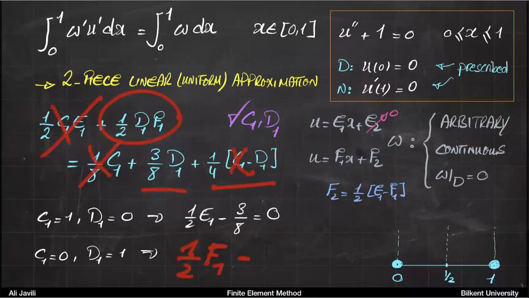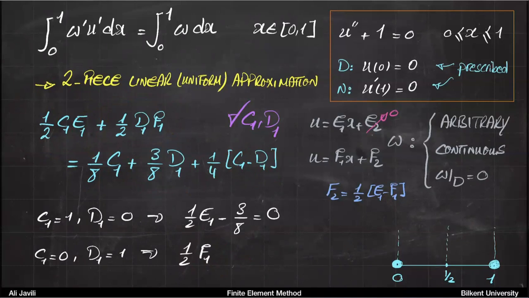So that would be plus 1/8 on the right hand side. So on the left hand side, if you write it, it would look like this. So the second equation would be 1/2 F1 minus 1/8 is 0. Okay, so this is now two equations, two unknowns.